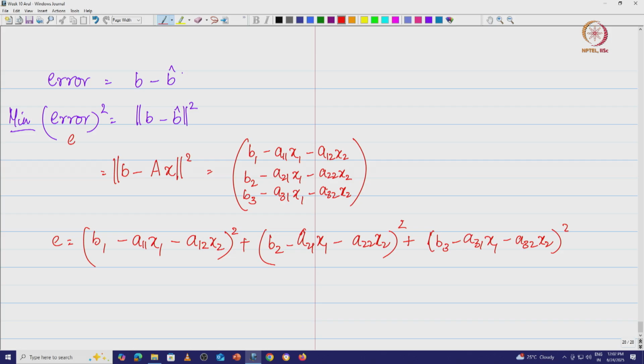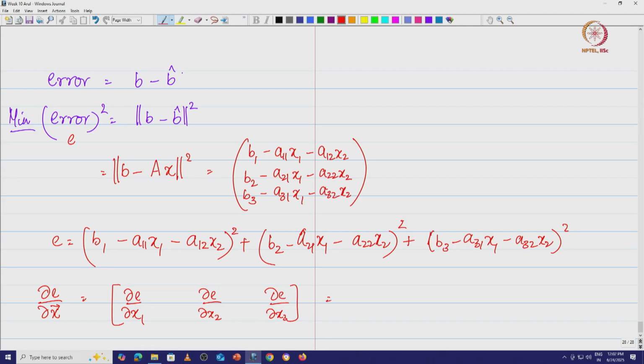Now I want to look at dou E by dou x, which is basically the partial derivative. So what am I going to get? I am going to get dou E by dou x1 and dou E by dou x2. What do we get here?